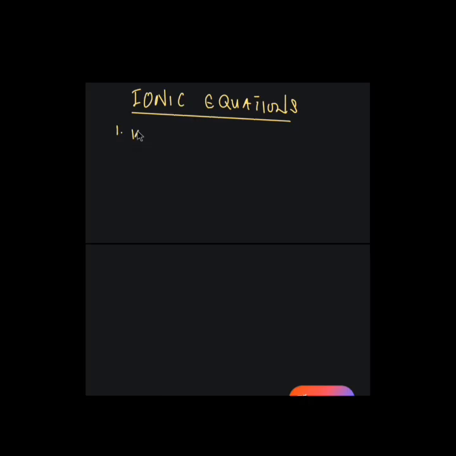make sure that you write a balanced chemical equation.